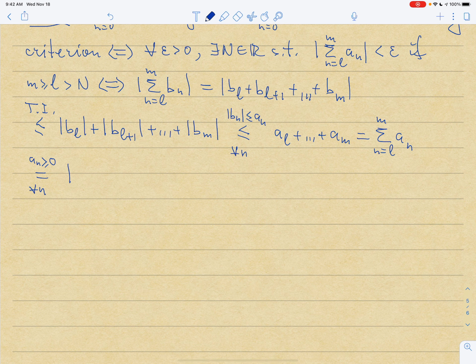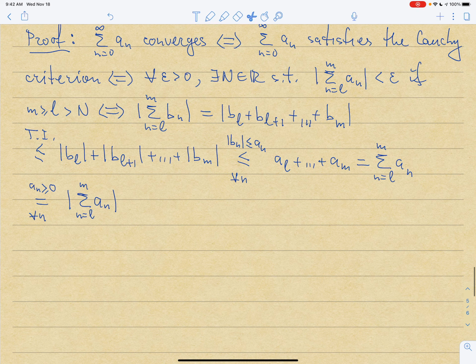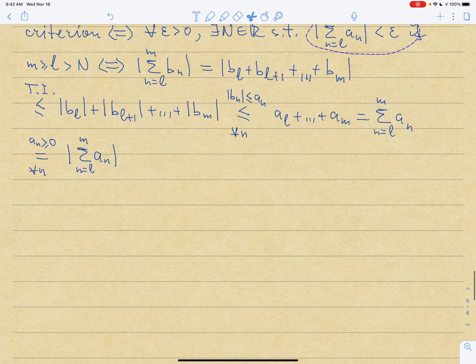So this is the same thing as the absolute value of the sum n from L to M of an. And we know that that is less than epsilon if M and L are bigger than capital N, because the series of a's converges and satisfies the Cauchy criterion.